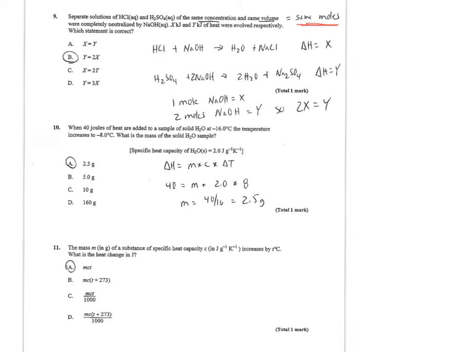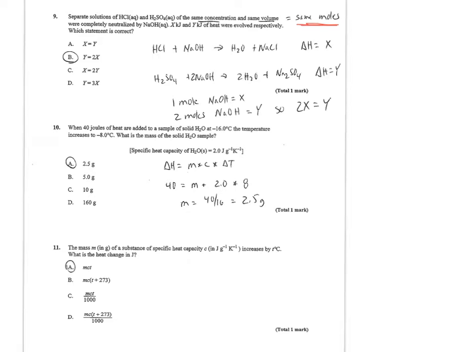So if you've got the same concentration and same volume, you've got the same moles of each reactant. What you have to look at here is HCl plus NaOH is going to yield H2O plus NaCl, but H2SO4 has twice as much hydrogen or hydronium ion in its reactant. So I've got the same number of moles of HCl and H2SO4, but I don't have the same moles of H. I've got twice as many hydrogens in the H2SO4.